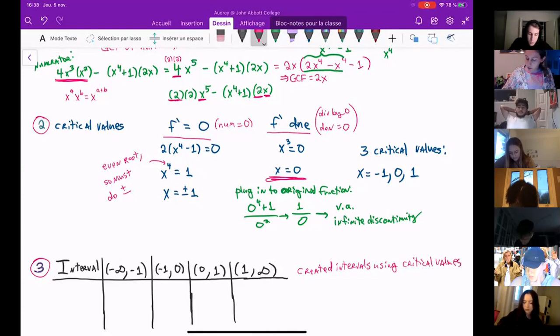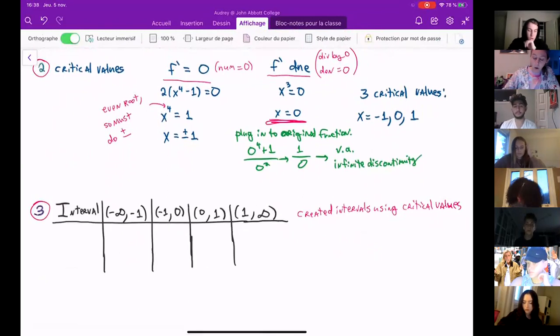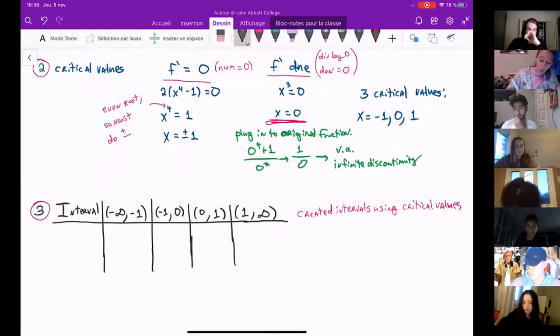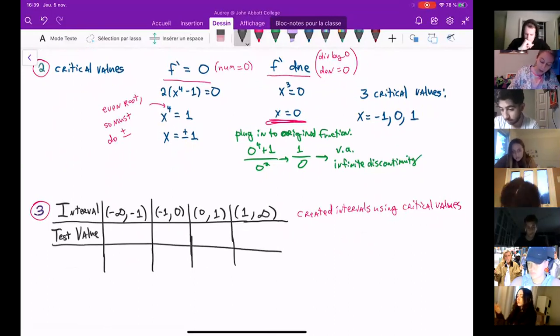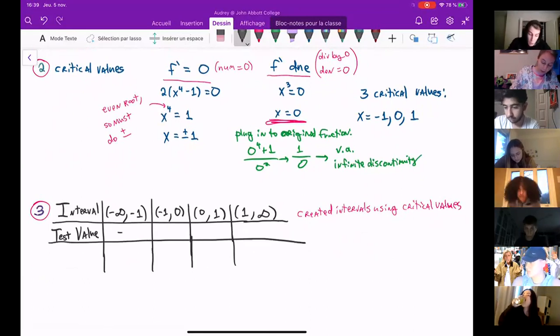The next thing I'm going to do, if we look at our step 3, it says find the sign of the derivative at some test value on each interval. So my next row is my test value row, and I'm going to pick a number on each interval. Here I'm going to pick -2, here I'll pick -0.5, here I'll pick +0.5, and here I'm going to pick 2.